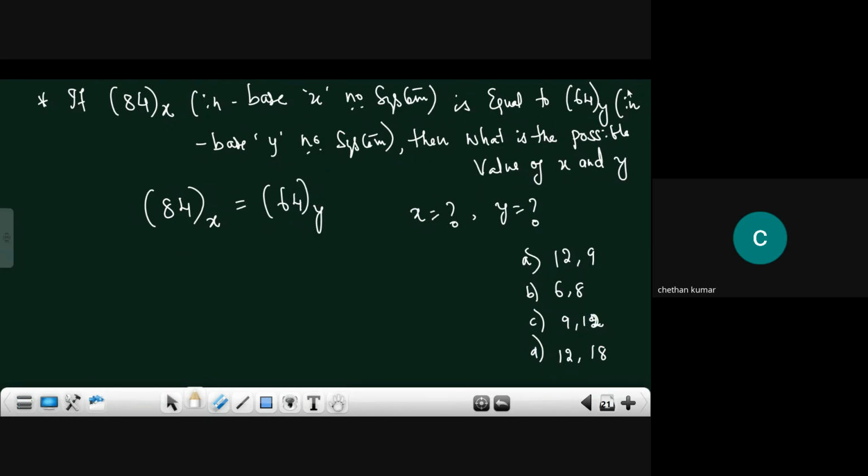Which option is correct? Is A correct, B correct, C correct, or D correct? Are all correct? B, I think no. B means x is 6, y is 8. But if I put x equal to 6 here, base 6, the digit is more than the base.